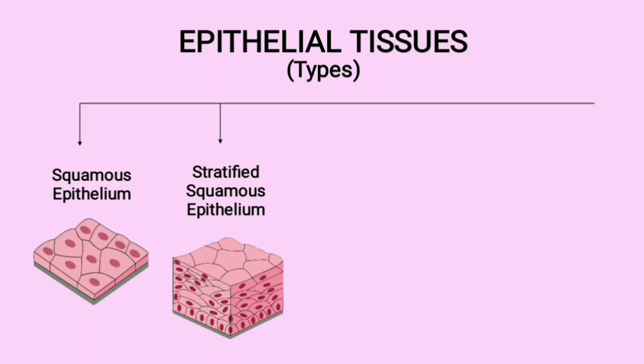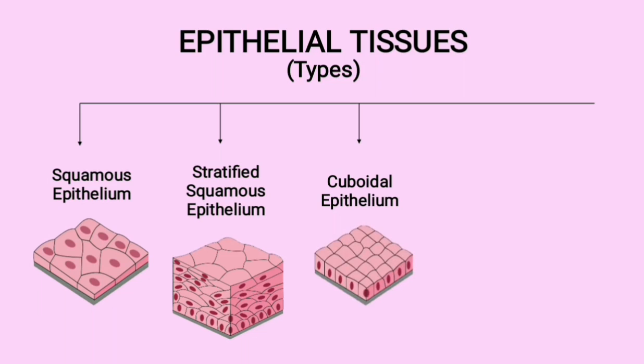The third one is the cuboidal epithelium. Epithelial cells which are cuboid in shape are called cuboidal epithelium. The fourth one is the columnar or glandular epithelium. Both are the same actually. Something is different, we will discuss it later.